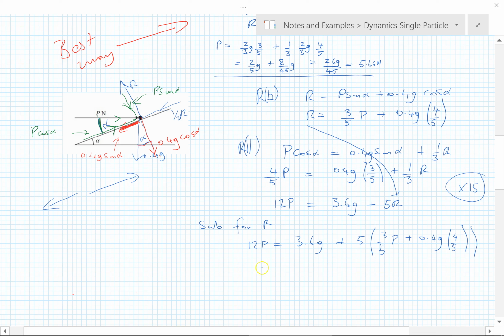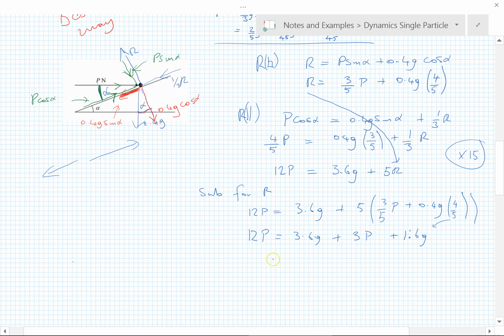Okay, so I have 12p equals 3.6g. If I'm timesing this by 5, I'll end up with 3p there, and timesing that by 5, the 5's will cancel, and I will have 1.6g for this term here.